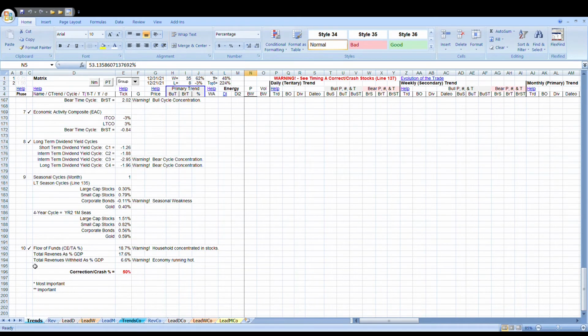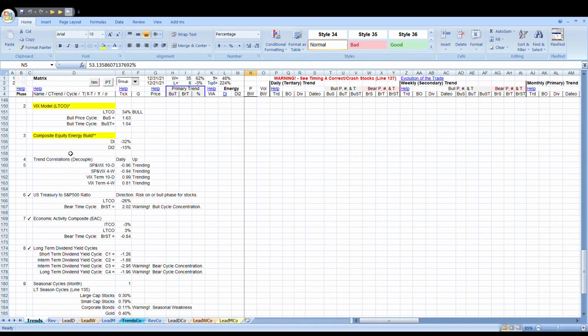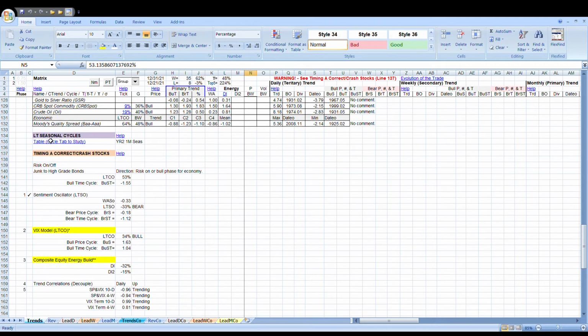These are capital flows and intermarket flows that are much longer term. So these are an important part of the timing mix, which most people don't even pay attention to. But the computer is now doing that for us. So these are important additions that we've made within the timing and correction crash section down here below line 137.